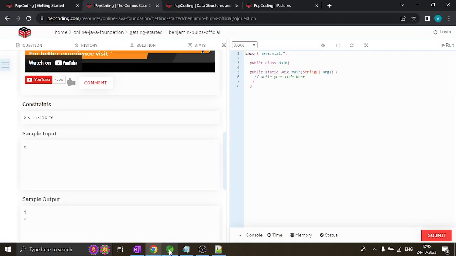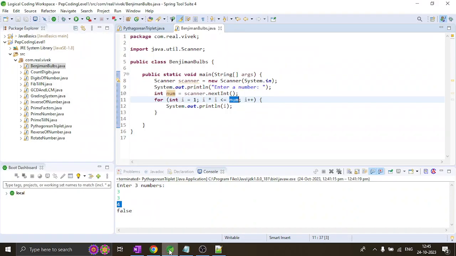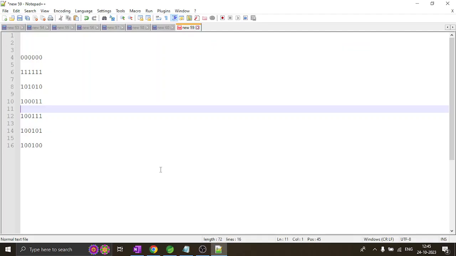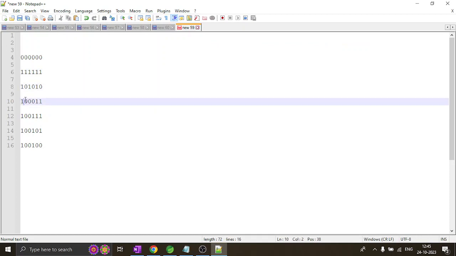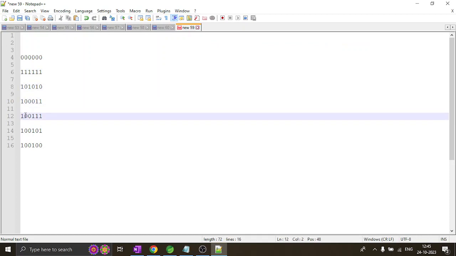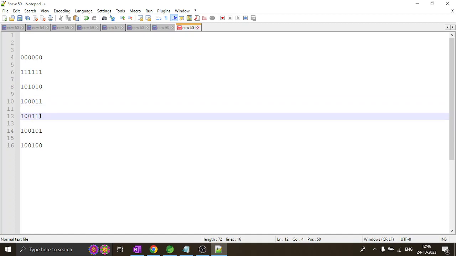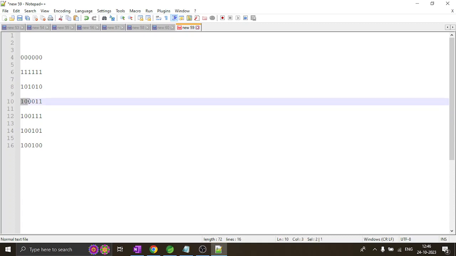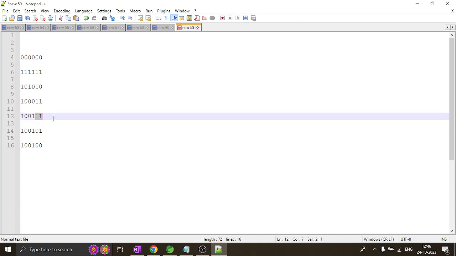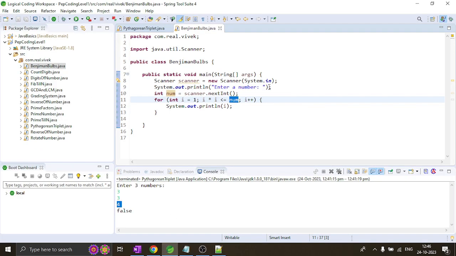Let's consider a scenario for 4. For 4 fluctuations, 1, 2, 3, 4. So only the first and the fourth will be on, right? So we have to check till that number from 1.